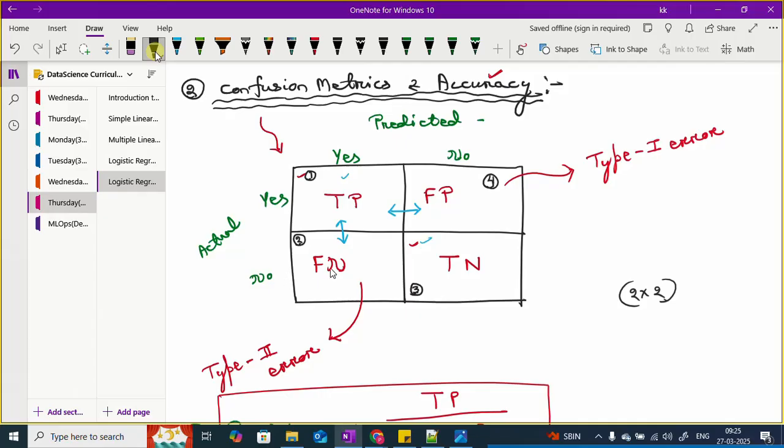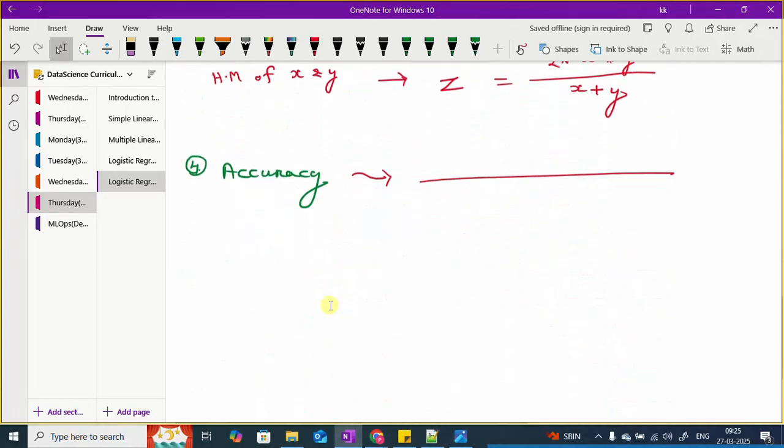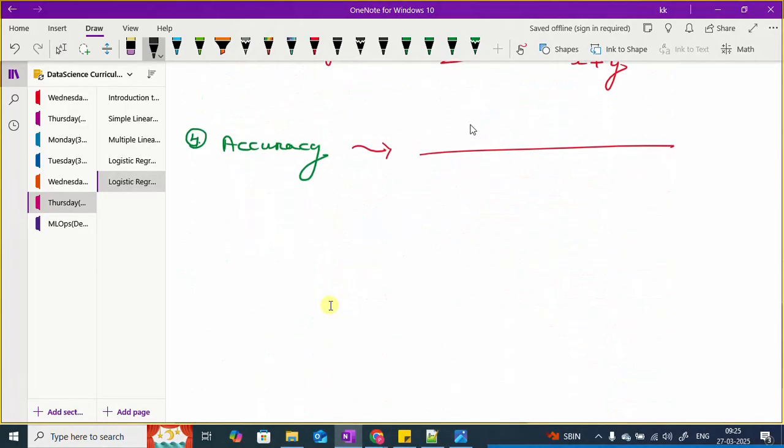But the problem is only these two diagonals. So when I'm telling accuracy, it means accurate. Now tell me in which two quadrants the values are accurate? 1 and 3, because only here the statements are matching. So if I have to find the formula for accuracy, it will be true positive plus true negative.